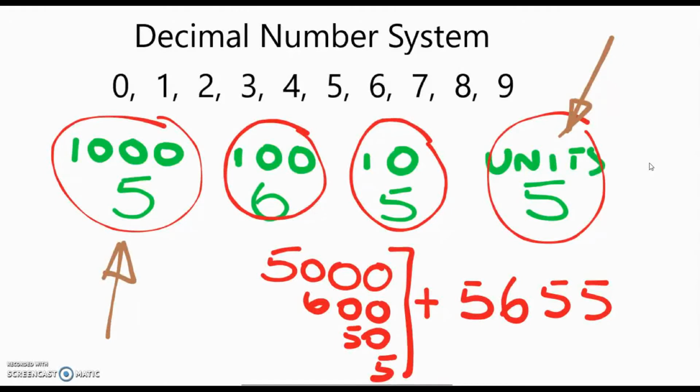The number that you would add it to is this one here. So you would add 1 to that, and you would come out with 6,655. So you can see that small changes that we make to these numbers on the left make a big difference to the actual number that we're dealing with.